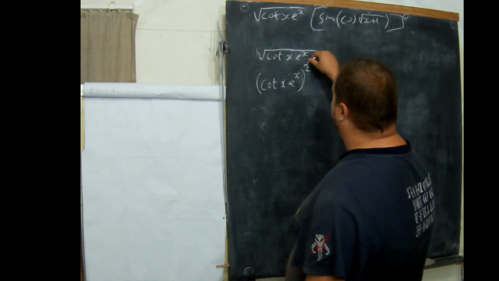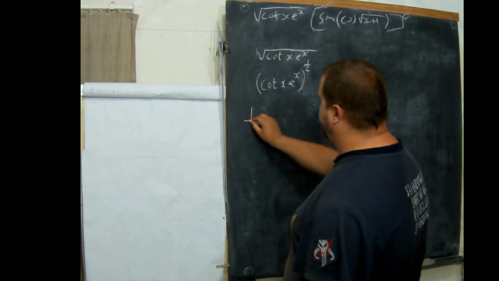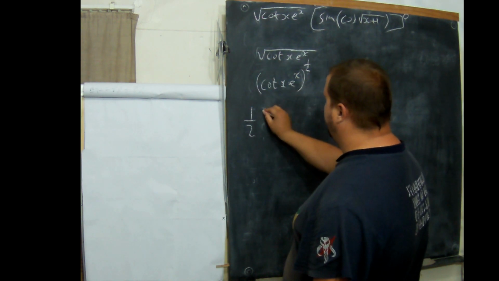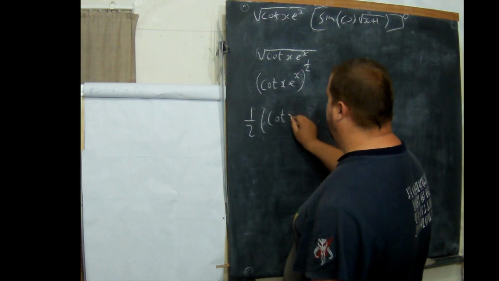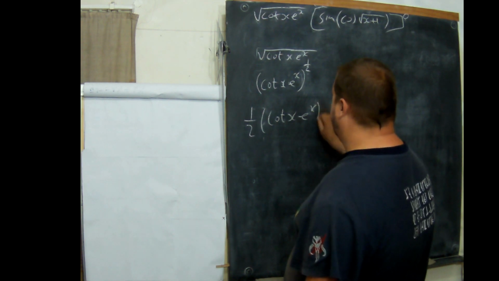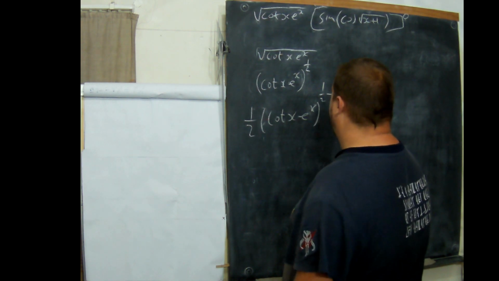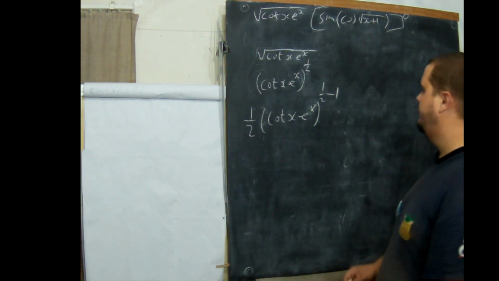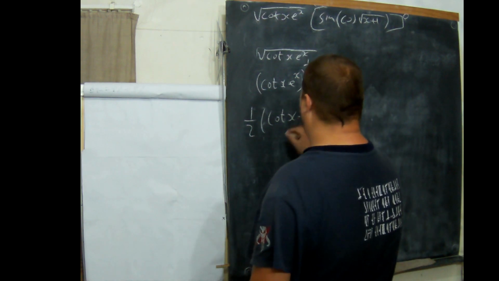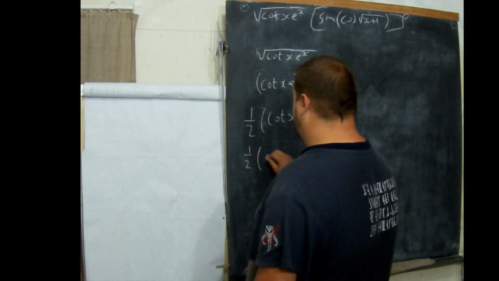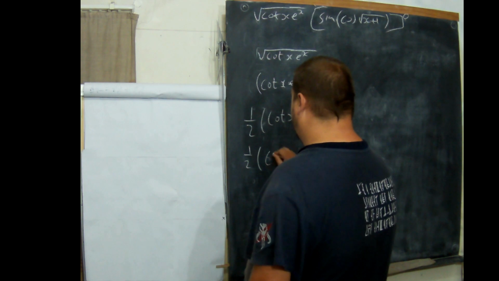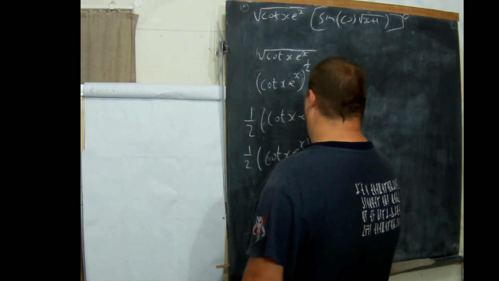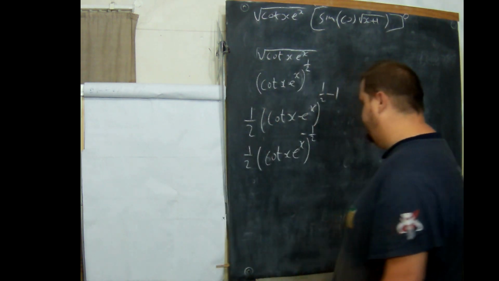So you multiply by a half, then cot x e to the x to the power of a half minus 1, which equals a half cot x e to the x to the power minus a half.